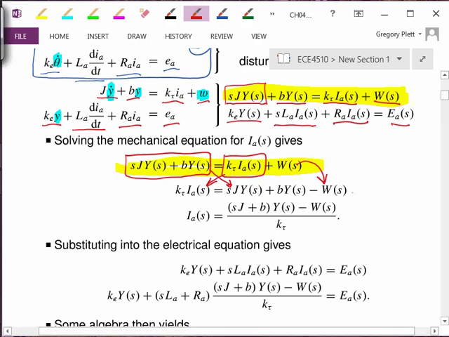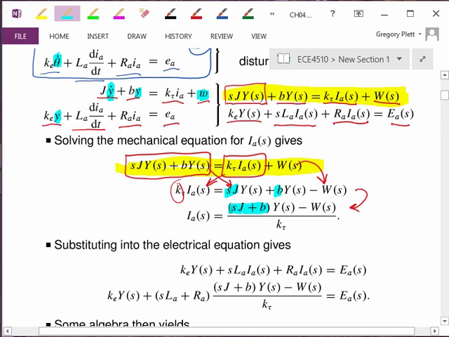Then from this line to that line, I simply divided by K tau. Now I have an expression for IA as a function of S. I also combined a couple of like terms. This is S times J times Y, and this is B times Y, so I have factored out SJ plus B.